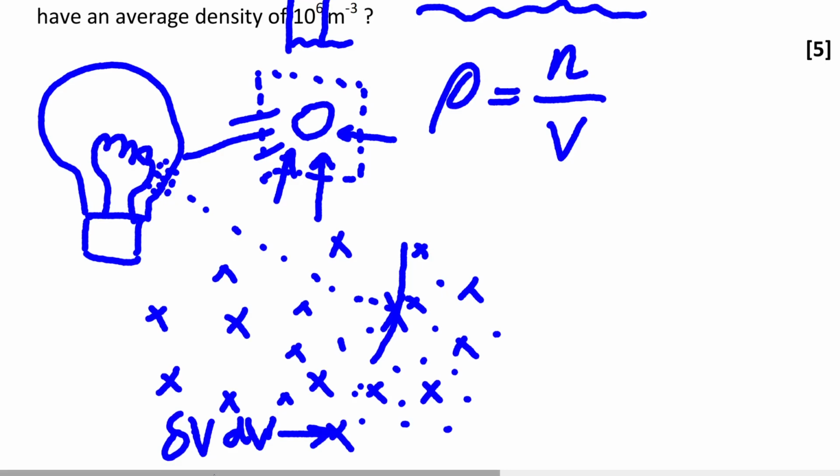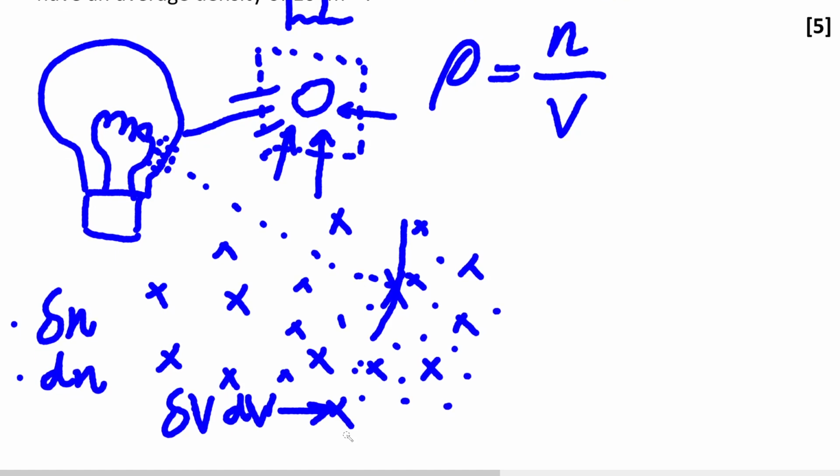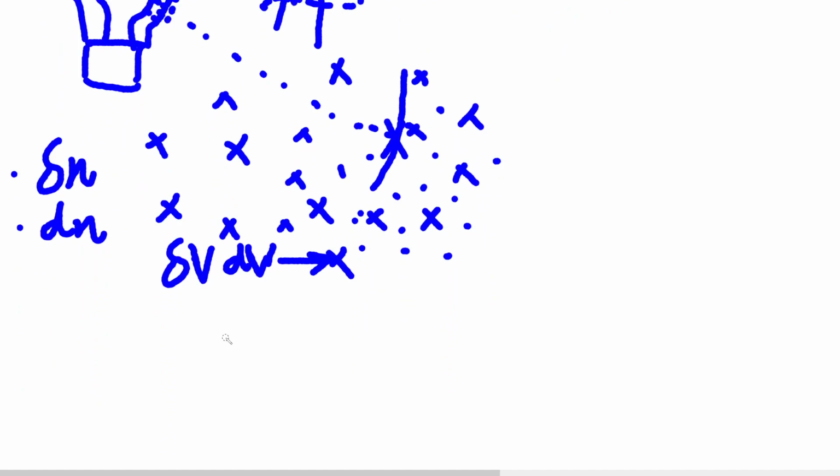And you would say, oh, in this space, there's going to be an infinitesimal number of photons, dn, or delta n, that represents the number of photons that would be in here. And while both of these quantities would technically be zero, the ratio between them at a particular point in space, at a particular distance away from the middle of the lamp, would be that photon density that we are looking for, dn over dV.